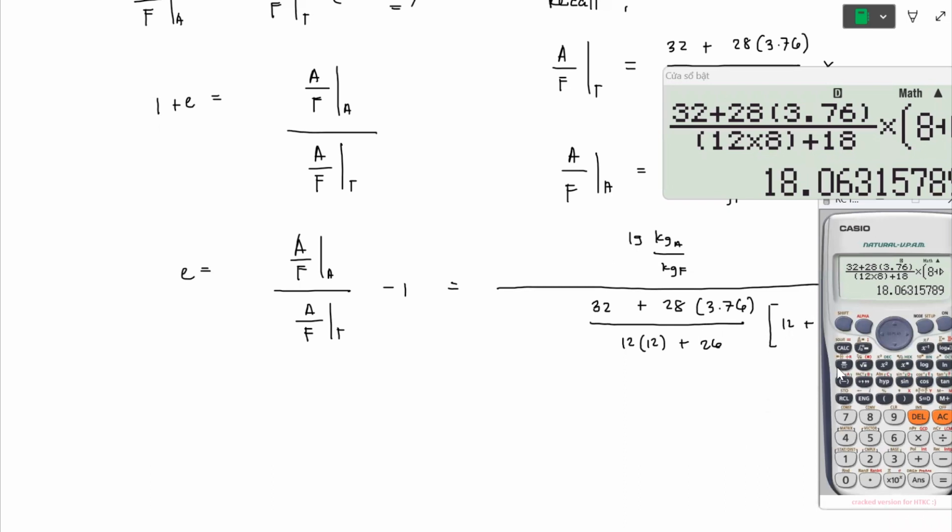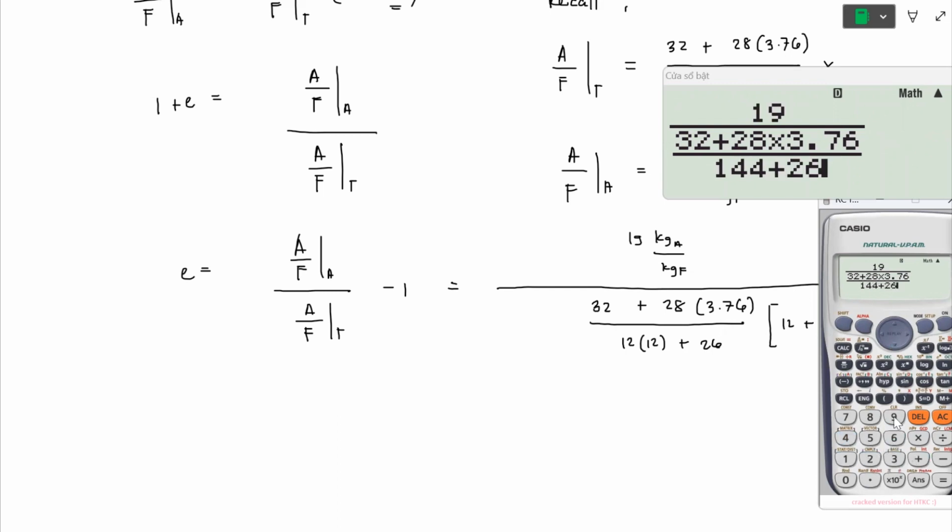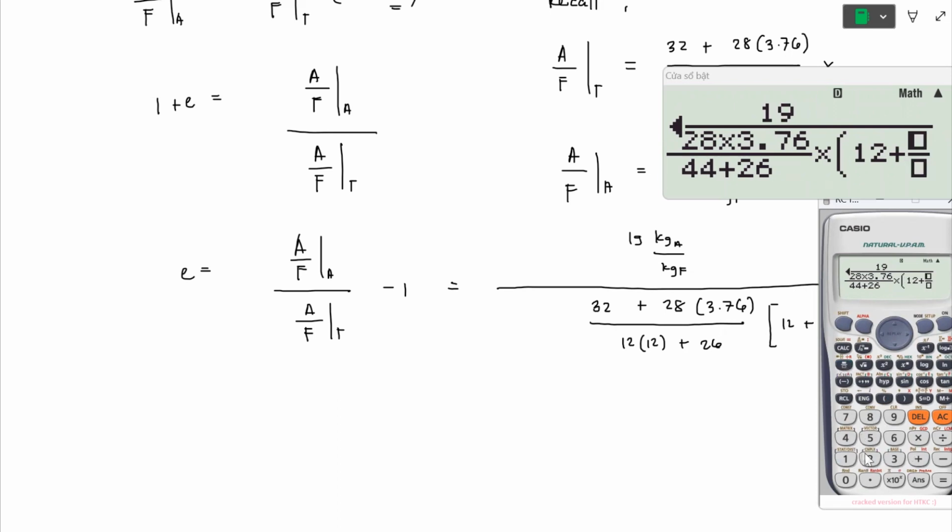So, 19 pababa. So, 32 plus 28 times 3.76 divide by 144 is 12 times 12 plus 26. Then multiply to 12 plus 26 divide by 4.